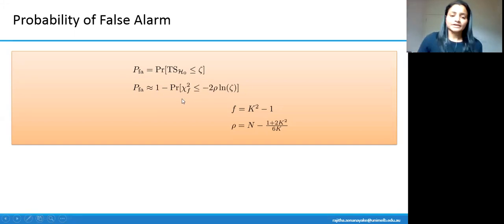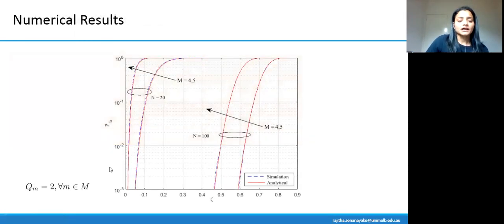Just to give you an idea about how accurate this approximation is, I've included one numerical example here. In the y-axis, I have the false alarm probability, and in the x-axis, I have zeta, which is my user-defined threshold.